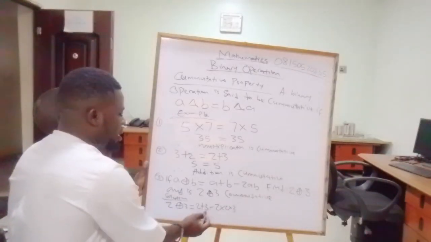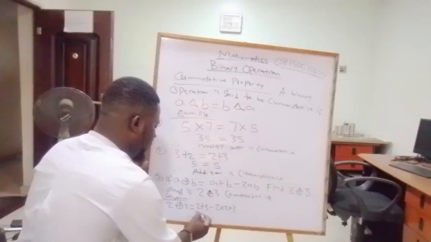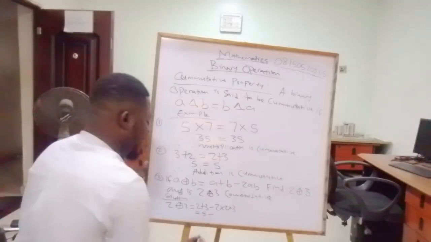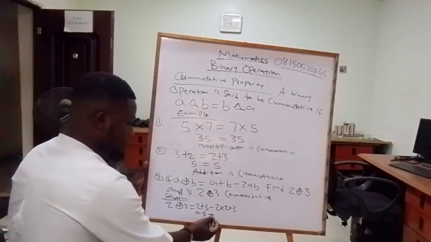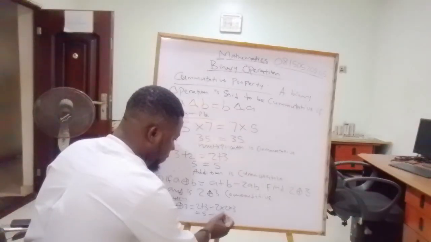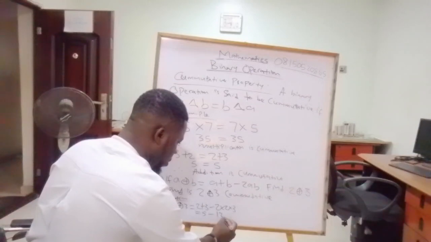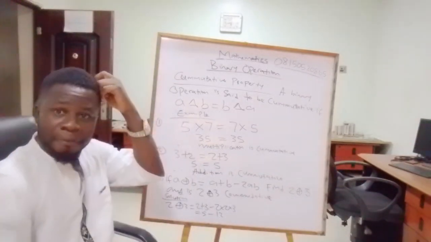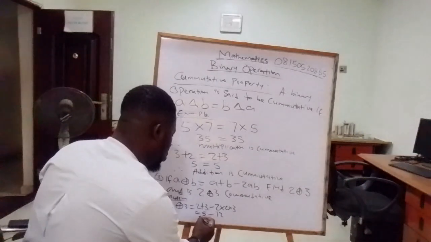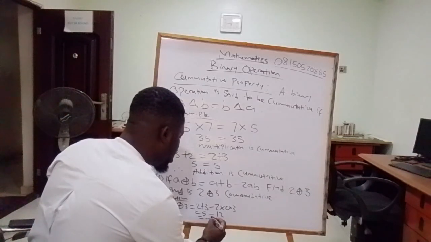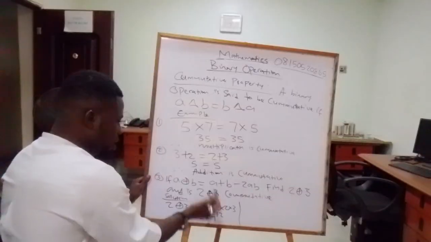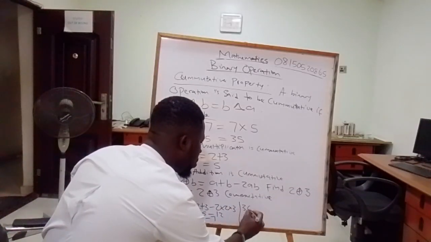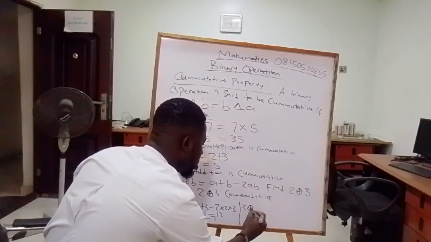So 2 plus 3 will give us 5, minus 2 times 2 is 4, that's minus 4 times 3 will give us 12. And what's 5 minus 12? That will give you minus 7.